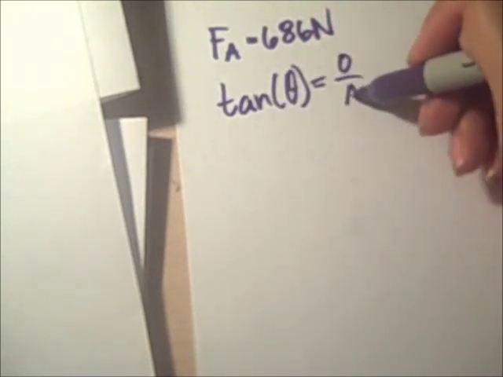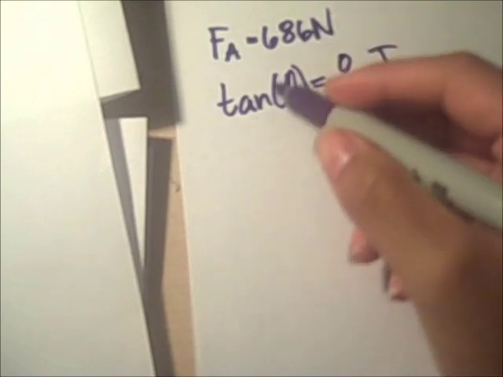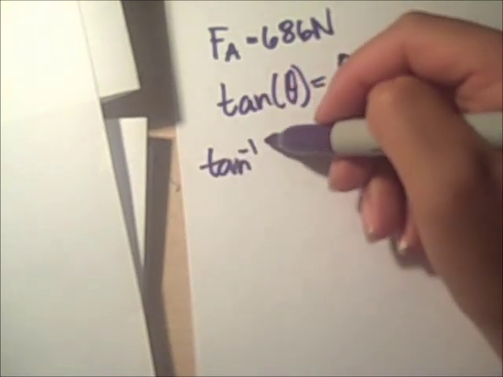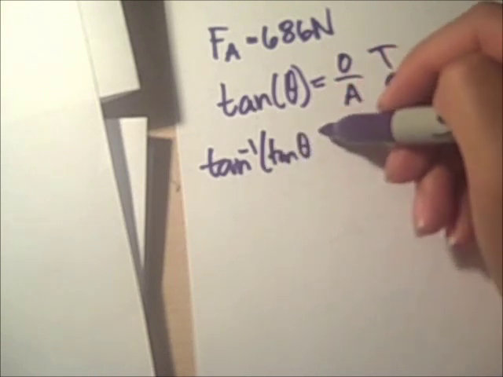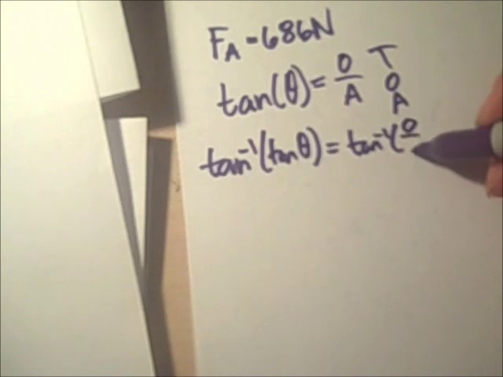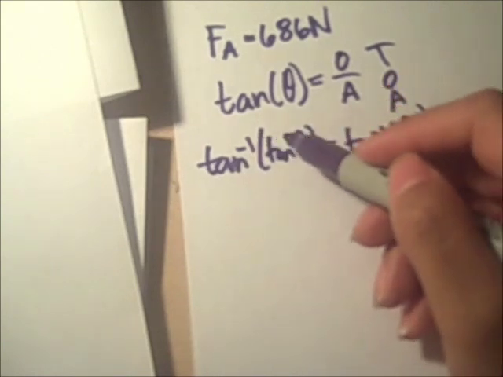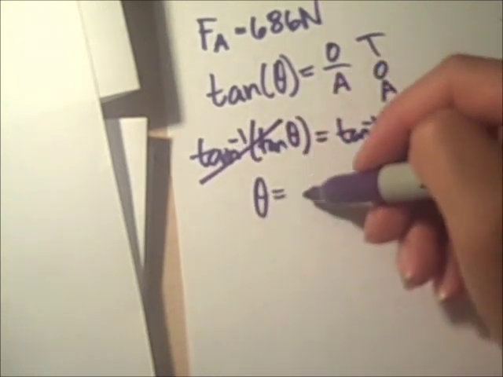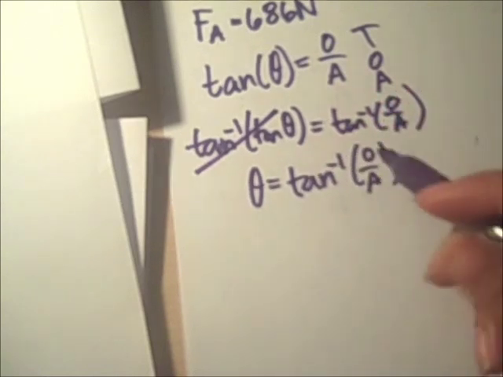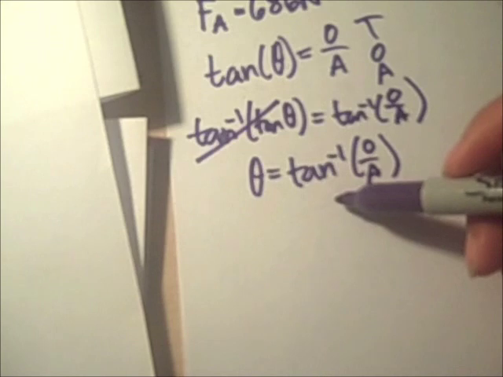Theta is TOA, right here. And since we're trying to find theta, you do inverse tangent to both sides, and these will cancel out the tangent. You'll be left with the theta.